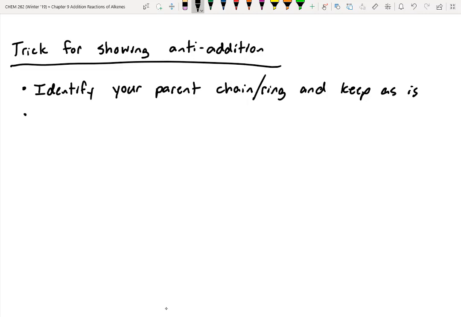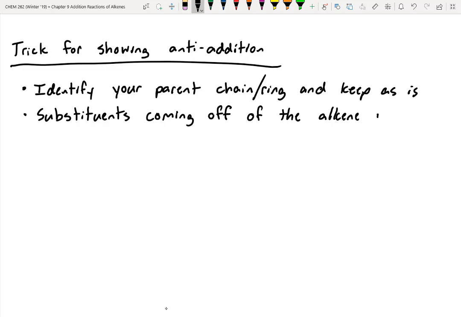Second thing you want to do is substituents coming off of the alkene. One of them will be turned to a dash or a wedge. Will turn into a dash or wedge.